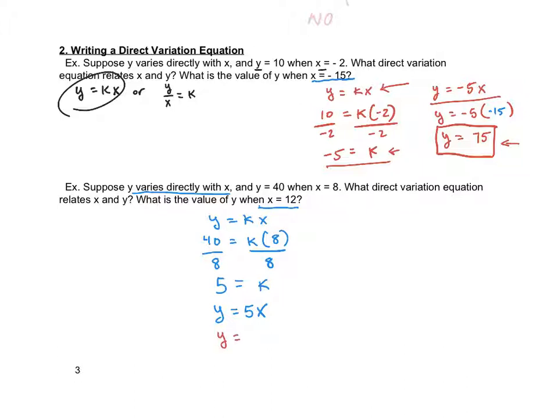So I have y is going to be equal to 5 times 12, which is going to be 60. y equals 60. There you have it. Walking through writing and using the direct variation equation.